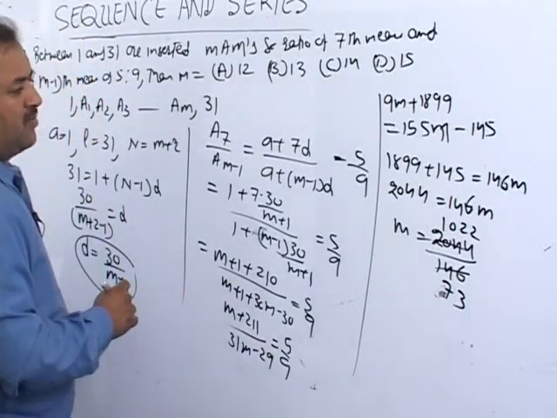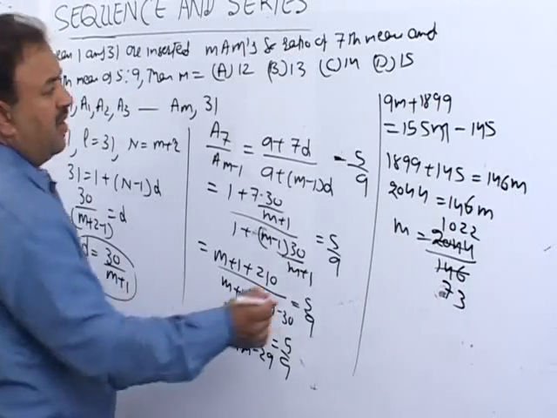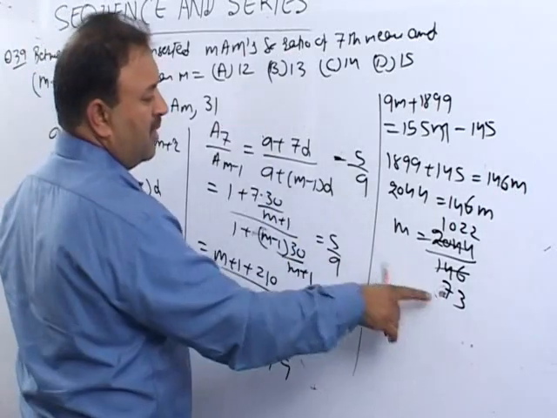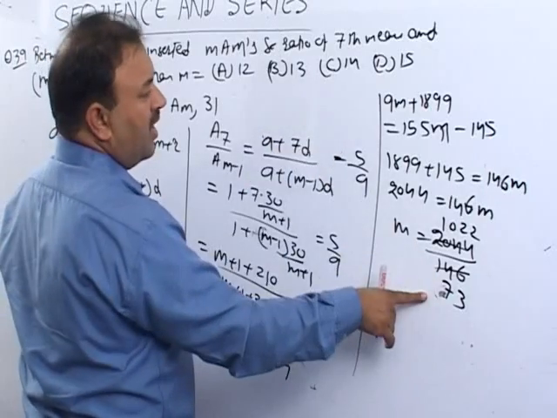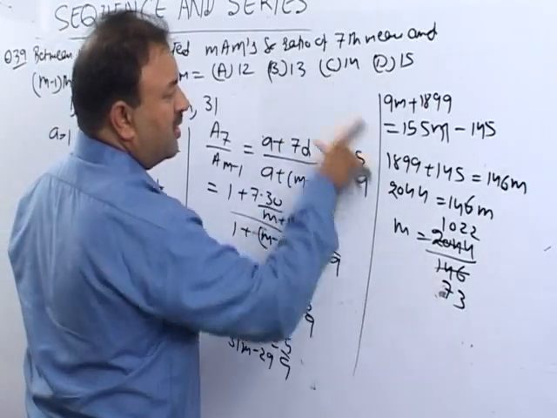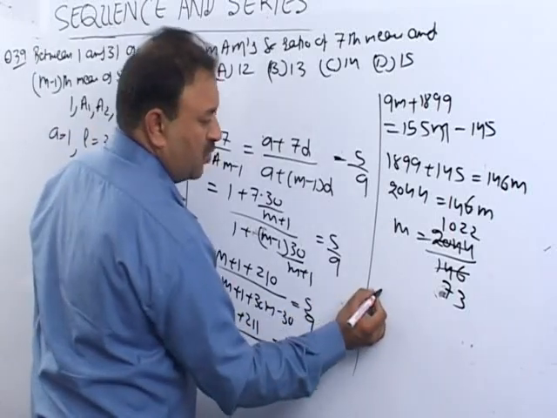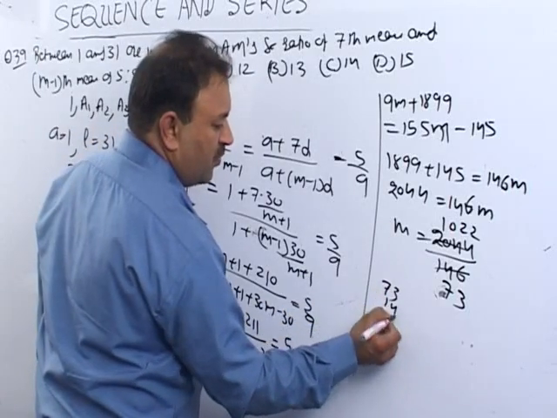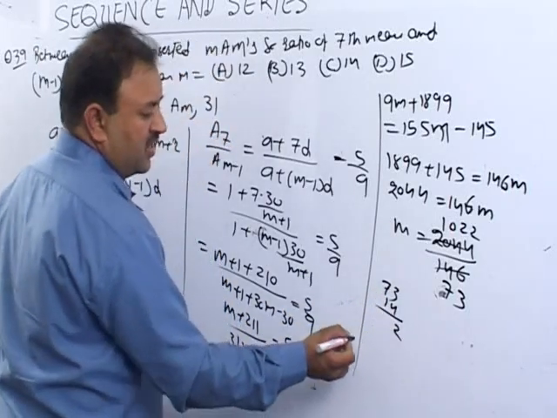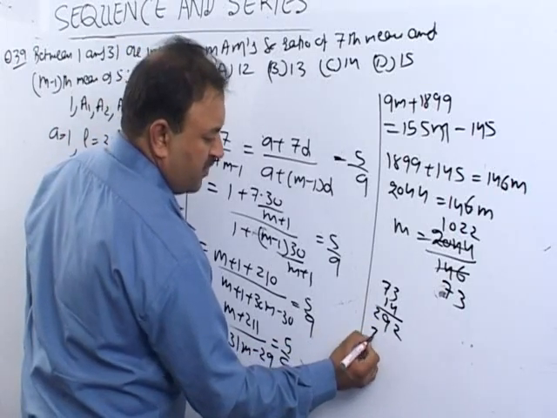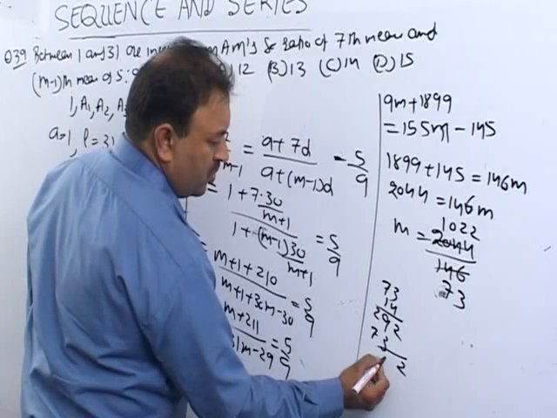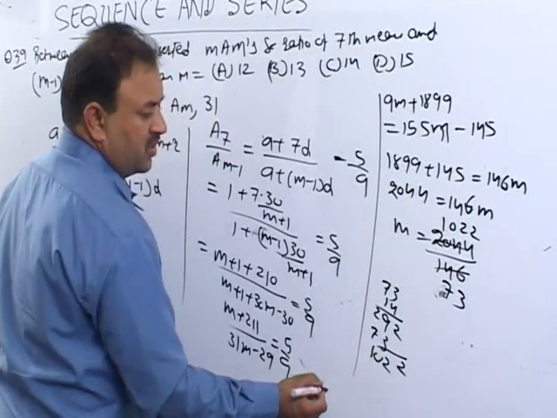We multiply by 12, it does not work; 13 does not work. The only possibility is 14. So directly 73 into 14, we just see it is 292, it is 732, it is 1022. Yes, this is correct.